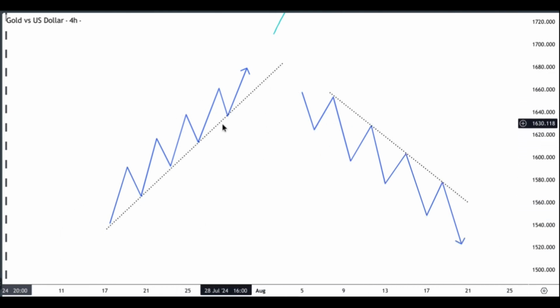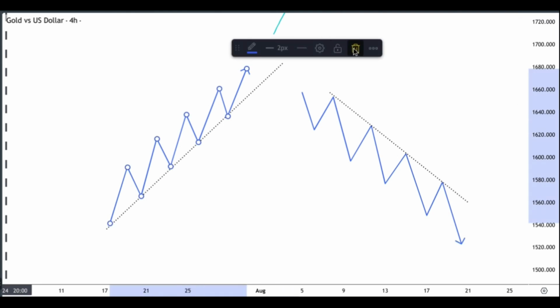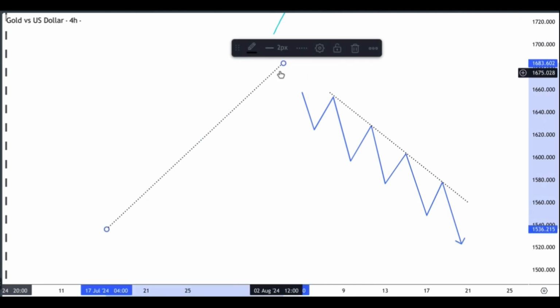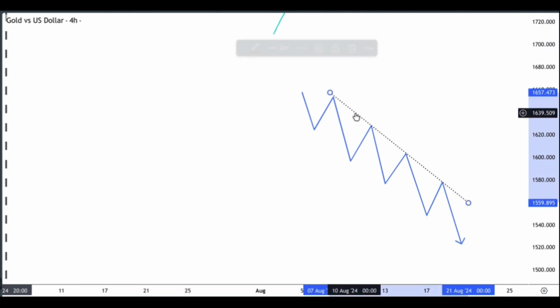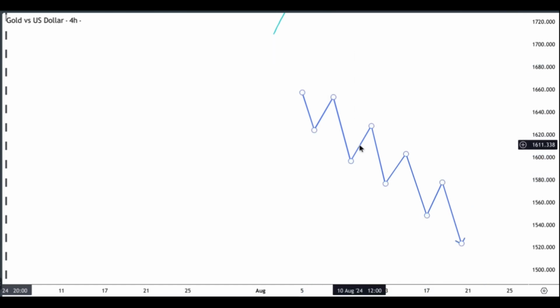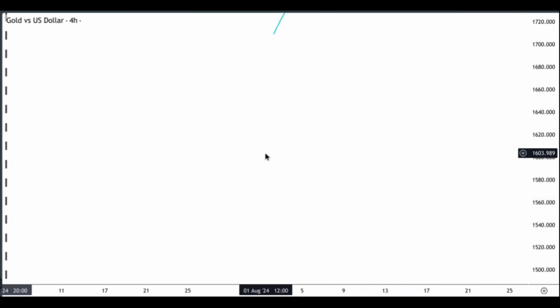Next thing you want to do to find out the trend is support and resistance. Support and resistance levels are crucial. Support is where the price stops. Let me just see if I can draw that here.